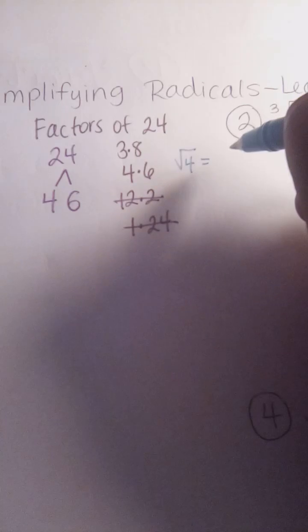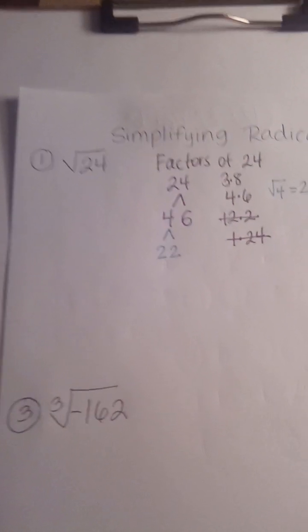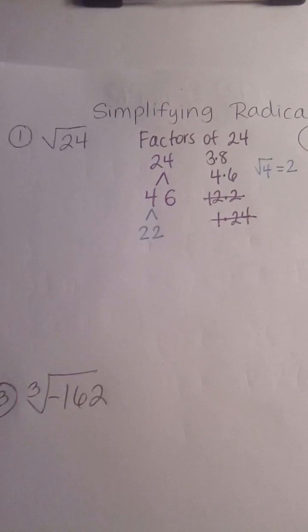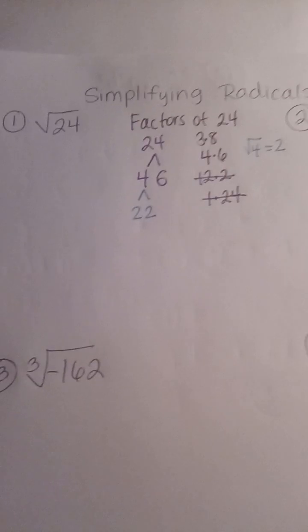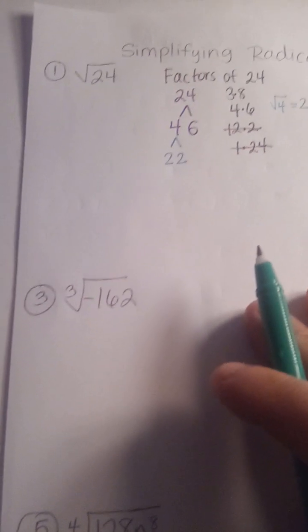So what's the square root of 4? 2, right? 2 times 2 is 4. So we got square root of 2 times 2. And when you do this, are we done on this part? Yes, we're finished. So let's go on to this portion.